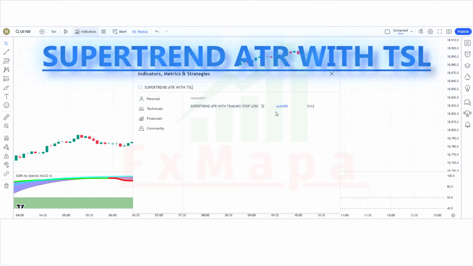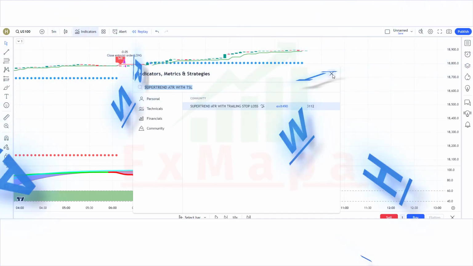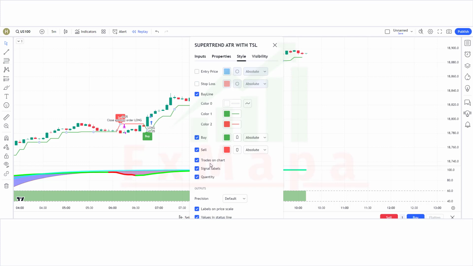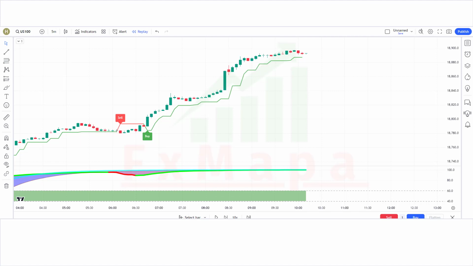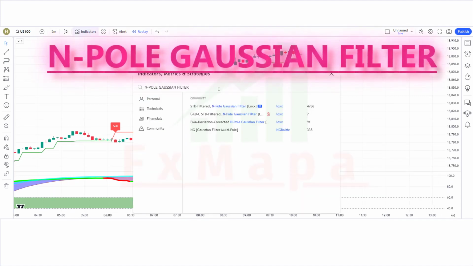Second indicator name is Supertrend ATR with TSL. Keep the indicators setting as I have shown here. Third indicator name is N-pole Gaussian filter.